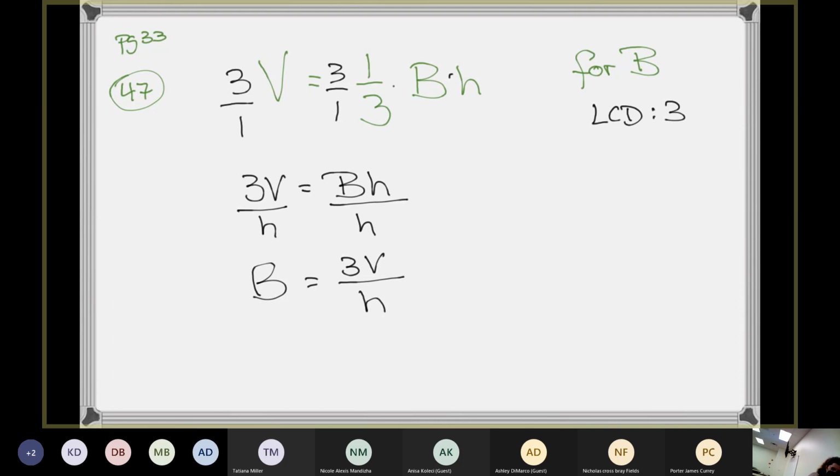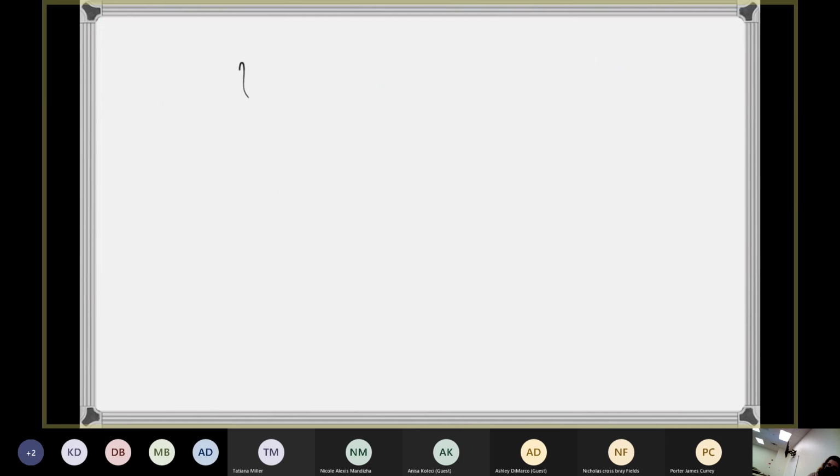Now, a formula you all may be familiar with is y equals mx plus b. We need this formula next chapter, in chapter 2, it's the slope-intercept form.